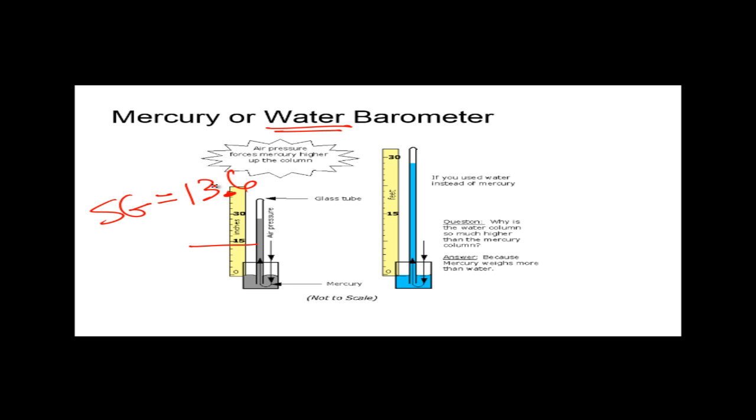So I'm going to have to get a taller barometer. How tall? Well, this was let's say 30 inches, which is close enough to 760 millimeters. Multiply 30 inches by 13.6. That'll give you the height in inches of water. That comes in around 408 inches.